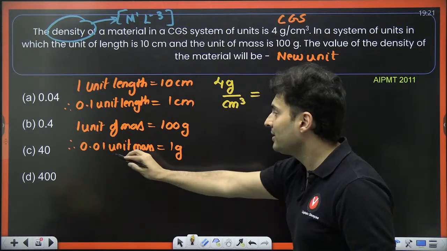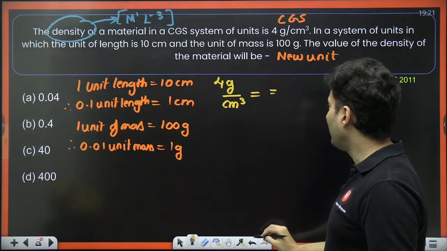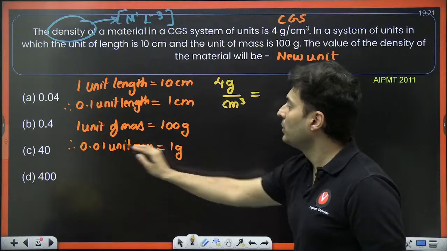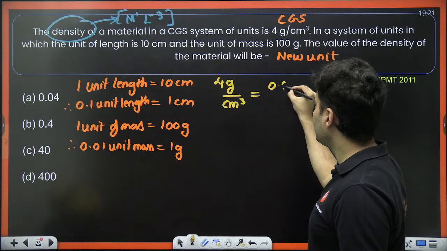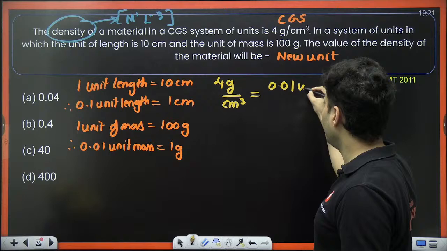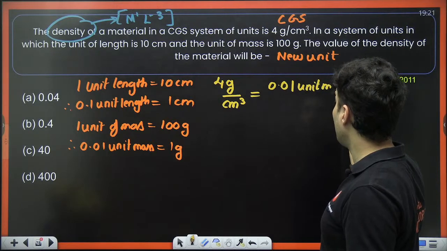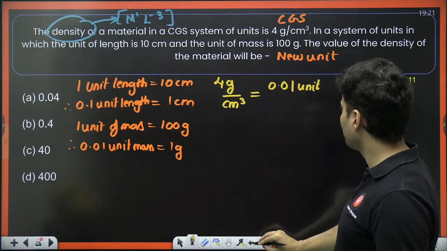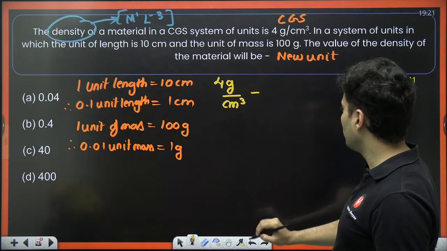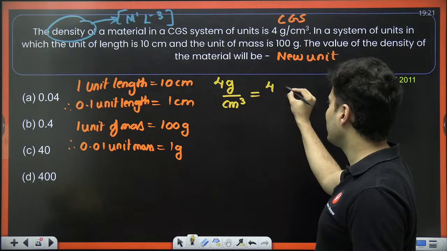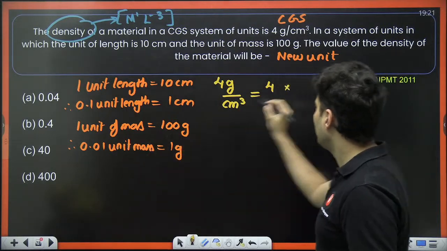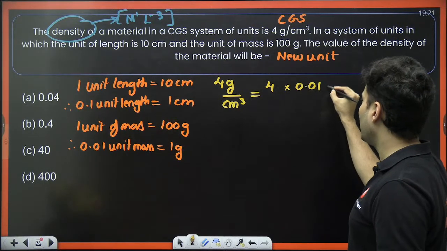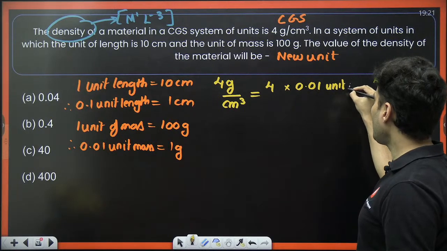1 gram is how many unit mass? It's 0.01 unit mass. But before that, the number 4 also should be there. 4 is there as it is, multiplied by 1 gram, which is 0.01 unit mass.